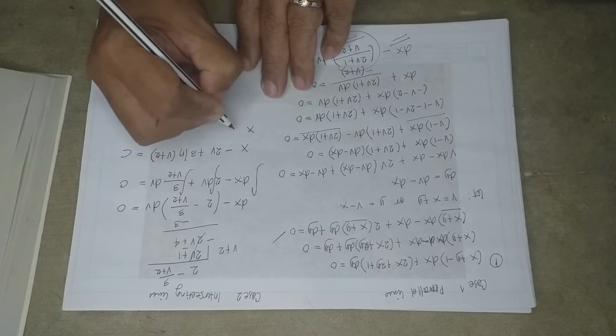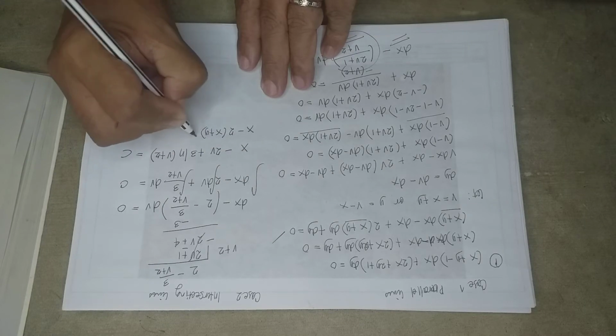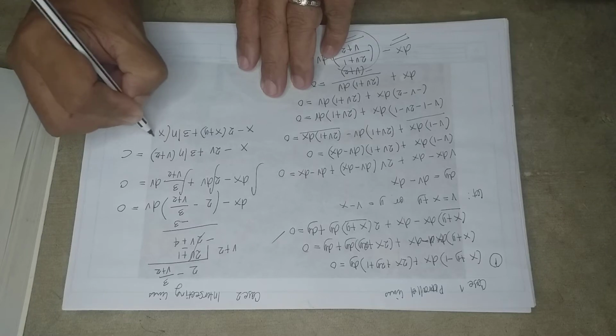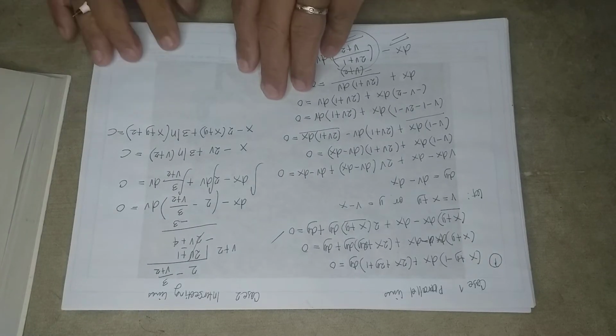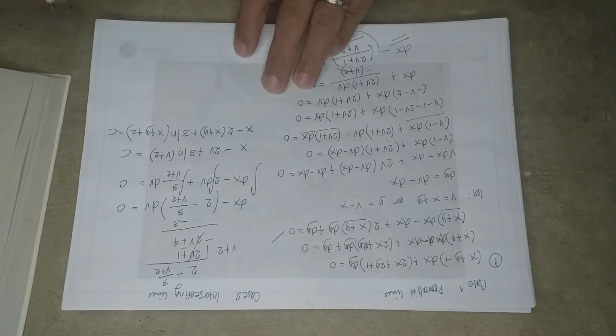So we have x minus 2 times x plus y plus 3 ln of x plus y plus 2 is equal to c.